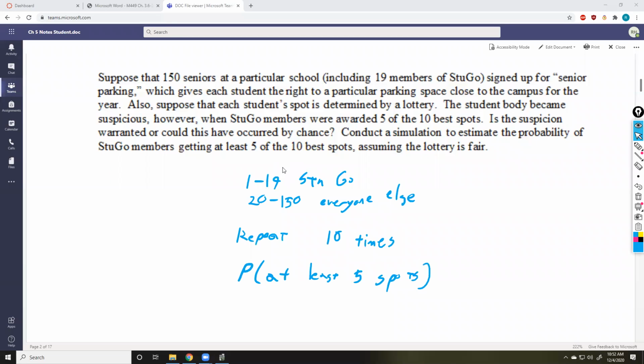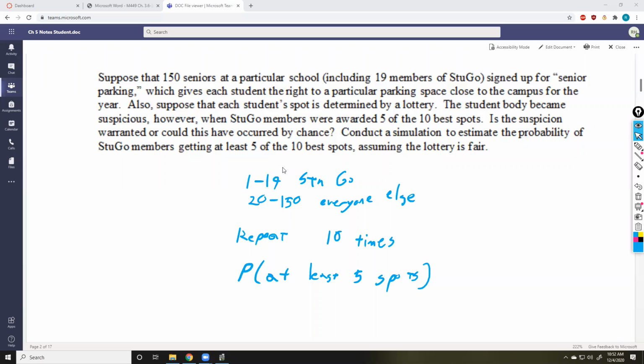So what we're going to do here is we want the digits 1 through 19 to be student government. 20 through 150 is going to be everyone else. And we're going to repeat this process 10 times for our 10 good spots.